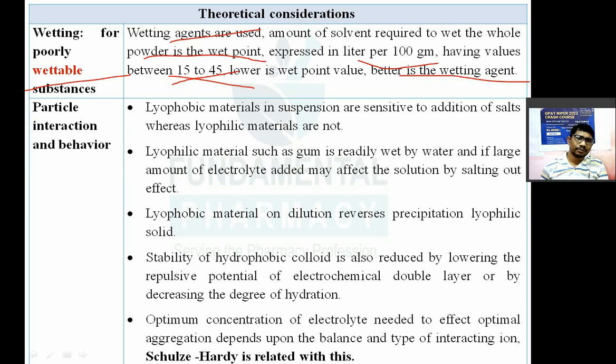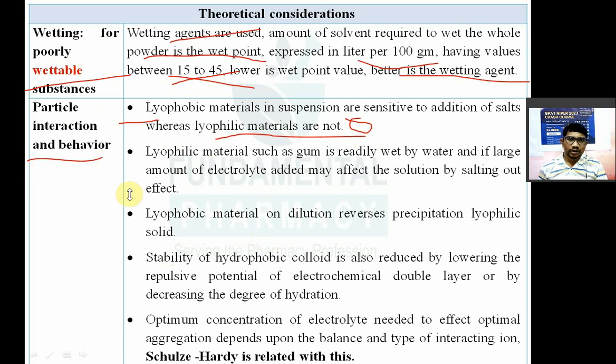Particle interaction and behavior in the suspension. Lyophobic material, meaning solvent-hating, like your silver and gold, is sensitive in suspension to the small addition of salts or electrolyte. Whereas lyophilic material is not, and can tolerate a large amount of electrolyte.